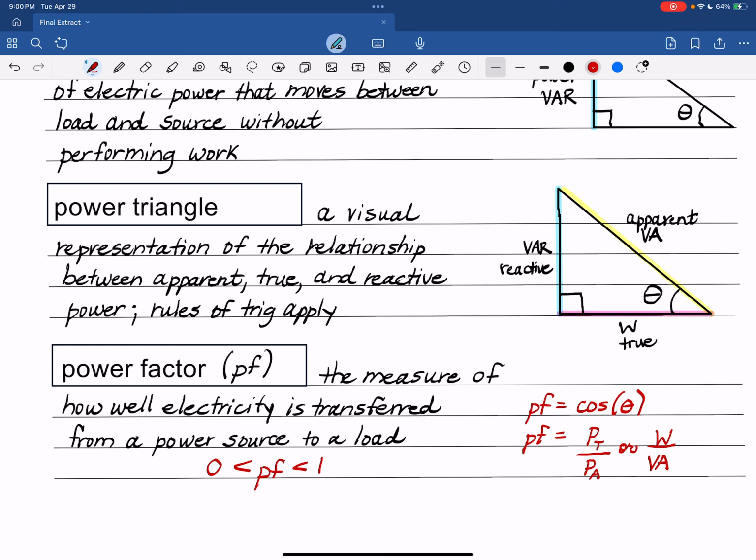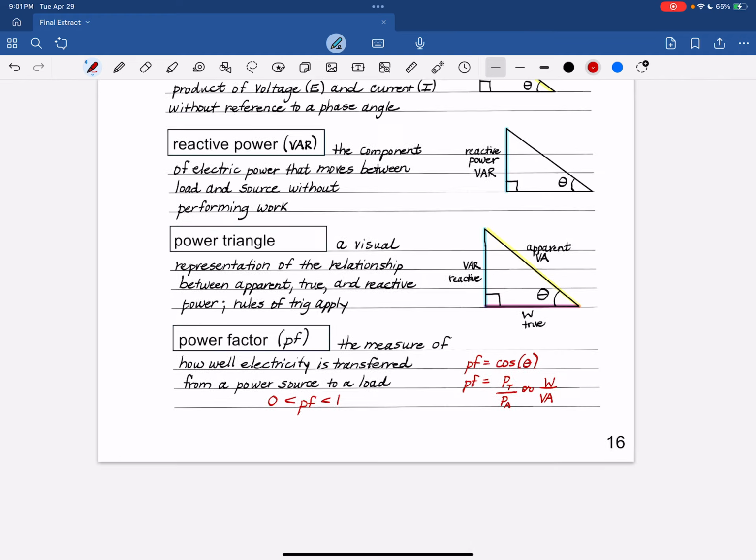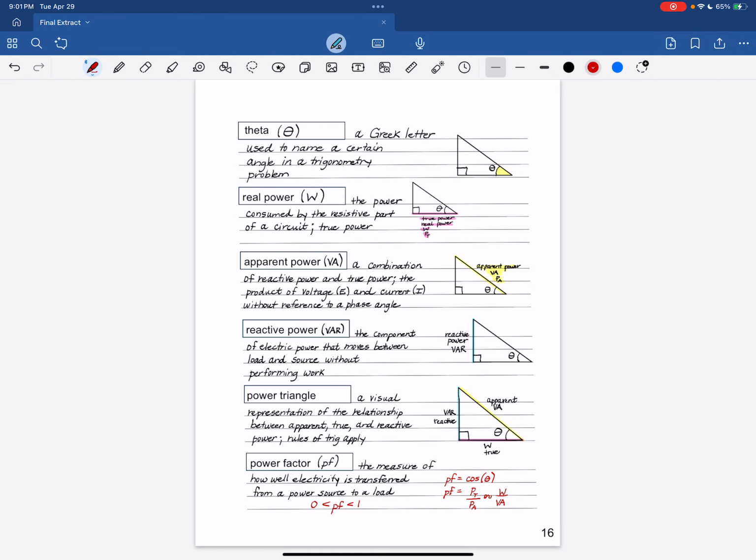So we are going to be using the formula here, and also the idea that power factor will never be bigger than 1. It will never be less than 0. It will never be 0 or 1. It will be between 0 and 1. And then the formulae over here that we will need when we have to calculate power factor. So it's coming that you will need one or both of those formulae. And we will definitely be doing some problems with our power triangle.